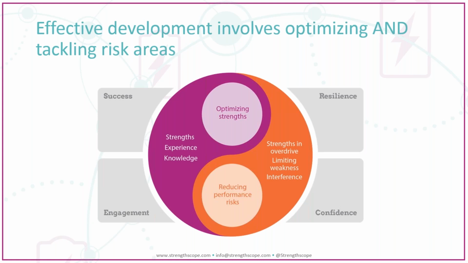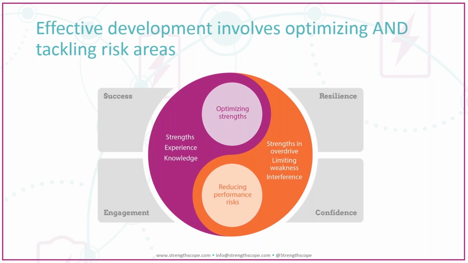Limiting weaknesses, of course, are also important to deal with swiftly and decisively. Limiting weaknesses are weaknesses that limit somebody's performance, as opposed to a weakness that we would refer to as allowable, which doesn't have a significant detrimental effect on somebody's performance.